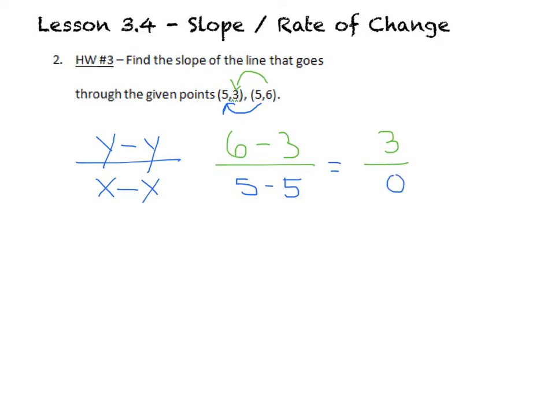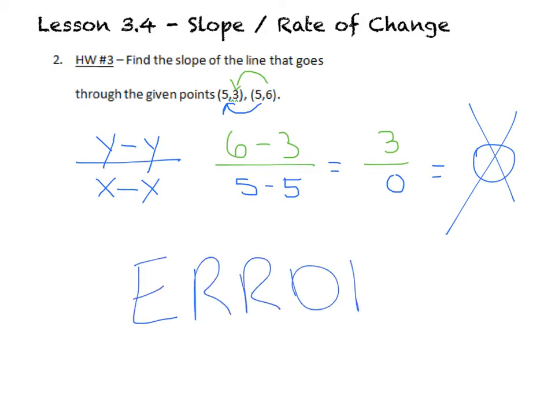Now, let's talk about this real quick. 3 divided by 0 is not 0. A lot of times we'll put 0 as our answer, but that is not correct. If you type this in on your calculator, 3 divided by 0, you're going to get a word that pops up that says error, which means that 3 divided by 0 is undefined.